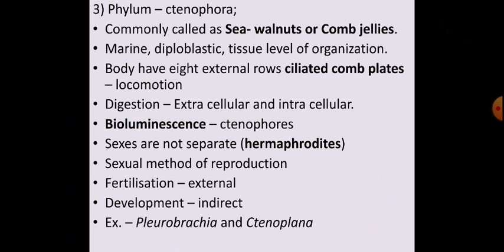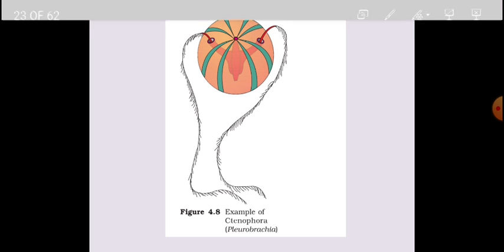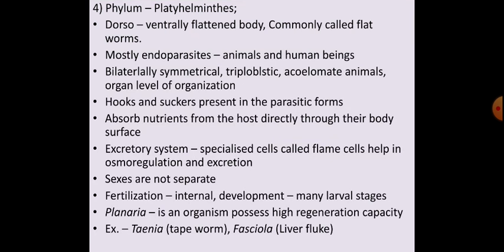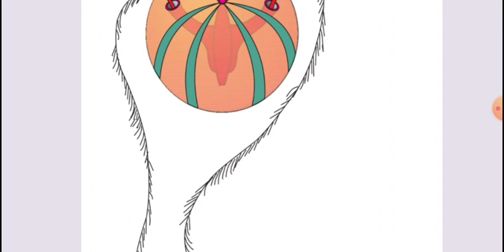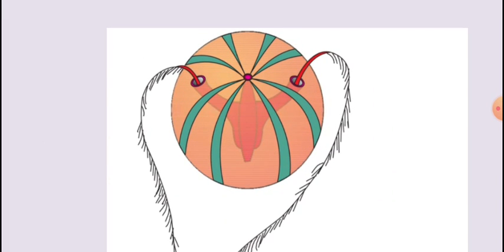Tissue level of organization. Special feature is the body has 8 external rows of ciliated comb plates. See this diagram. These are called rows. These green color structures.